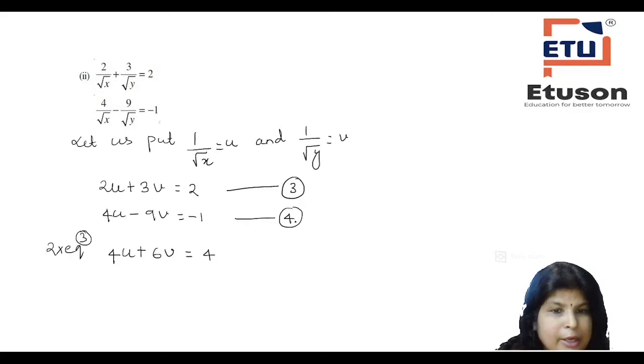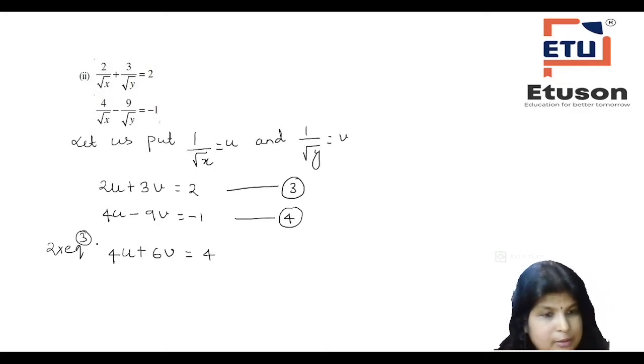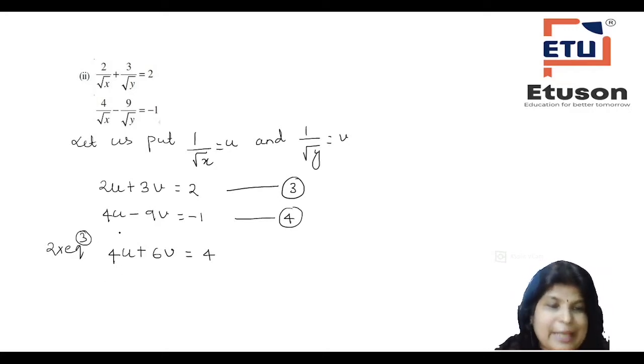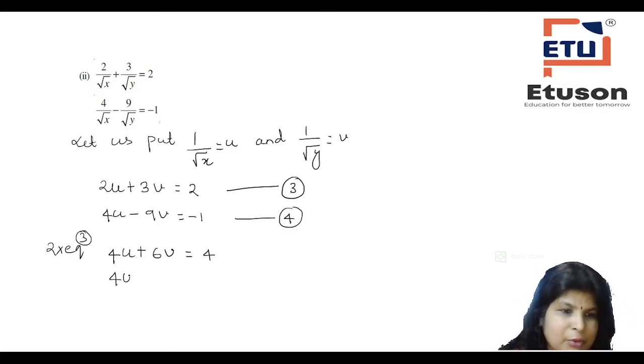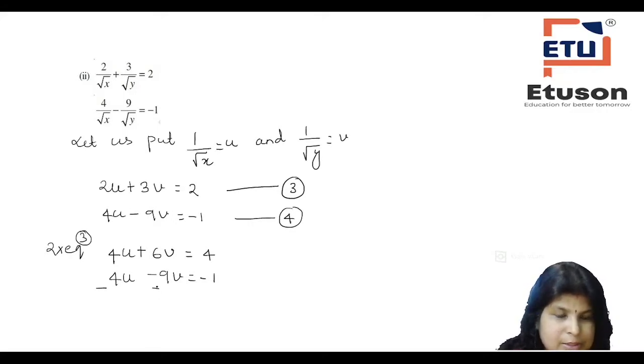Because we already have 4 as the coefficient of u in the other equation, we need not multiply anything, as with the current coefficient we can eliminate the u variable. So I'll just write down equation 4 as it is. After that, we will just subtract the equations as usual.